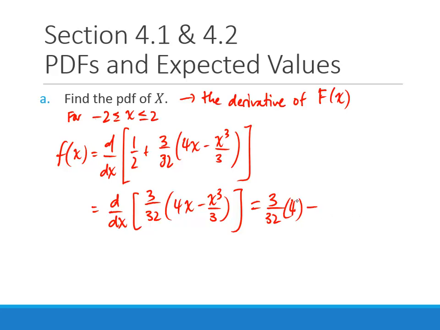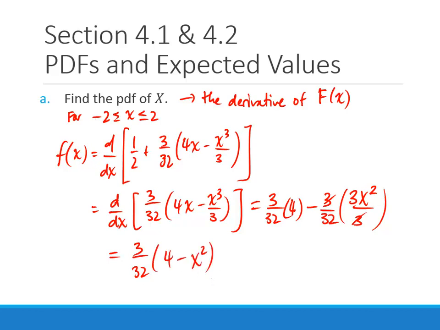And what's the derivative of x cubed? 3x squared, there we go. So we have 3x squared over 3, and some things cancel. This is 3/32 times (4 minus x squared), for x between -2 and +2.